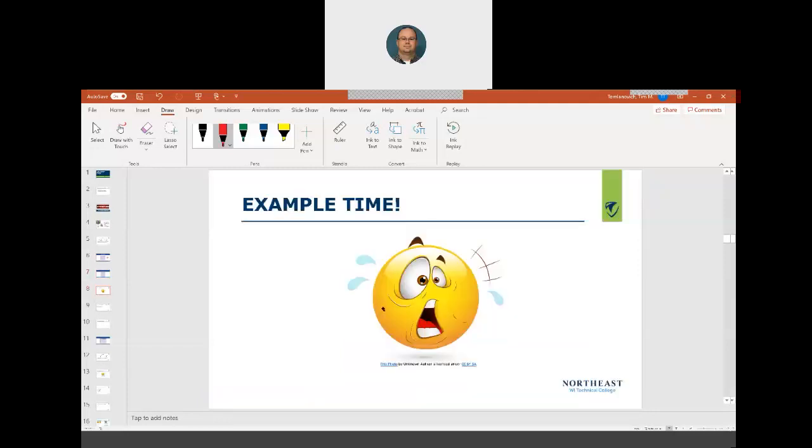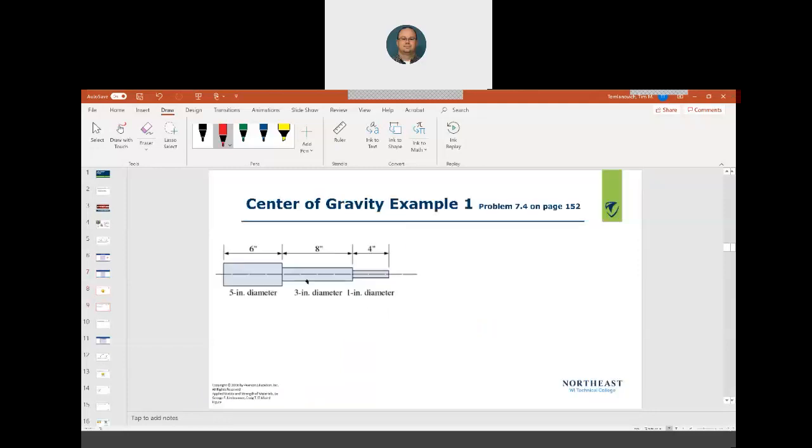All right, so let's do our first example. So this is center of gravity example 1, problem 7.4 on page 152. So I'll read out the problem to you and we'll go work on it. 7.4: a solid steel shaft is fabricated as shown.